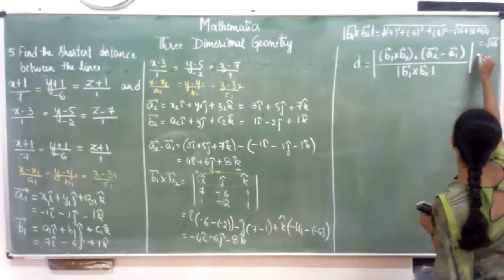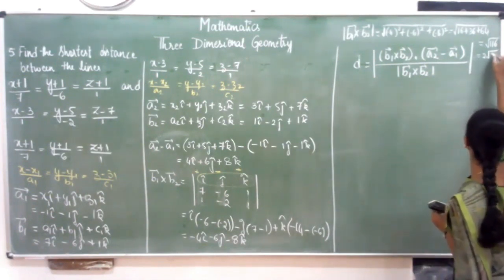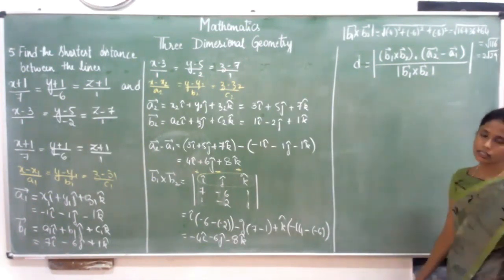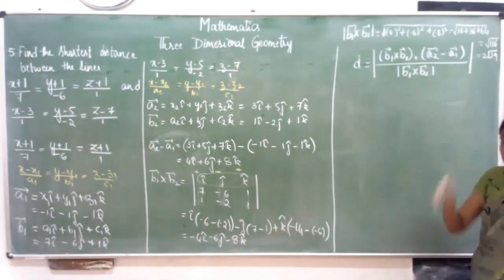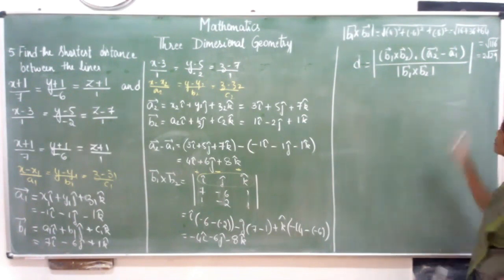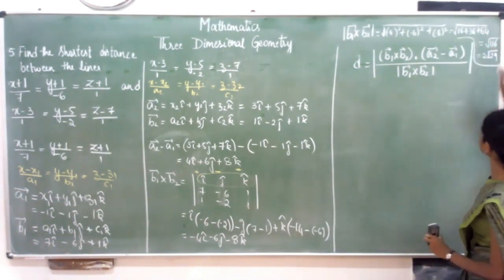Root 116 is nothing but 2 root 29, that is 4 times 29 is 116. Therefore, root 116 can be written as 2 root 29.